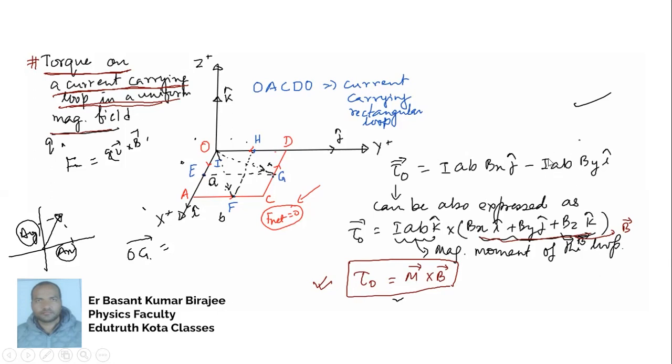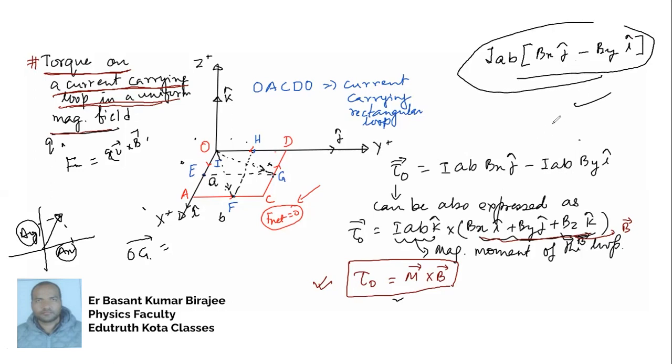So you can take I A B common outside, and in a bracket you will be left with Bx j minus By i. And this can be expressed as the cross product of these two vectors.